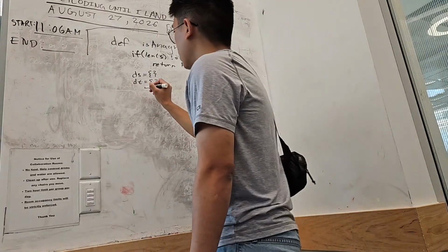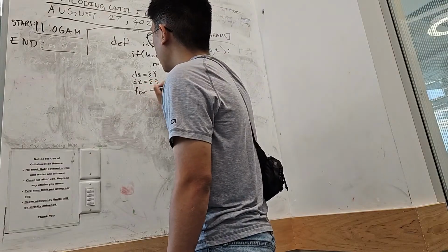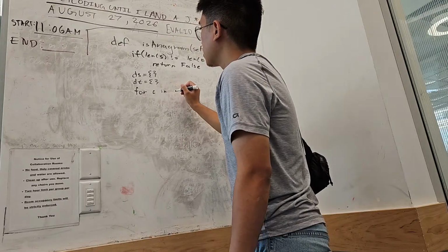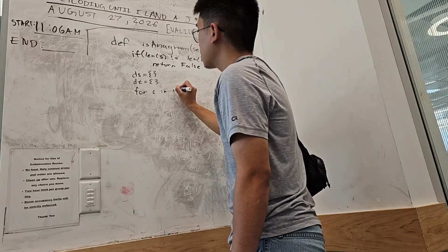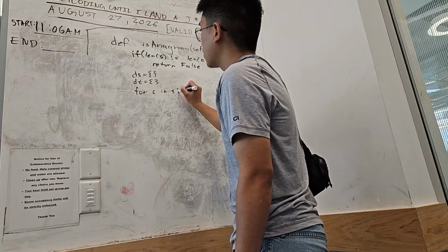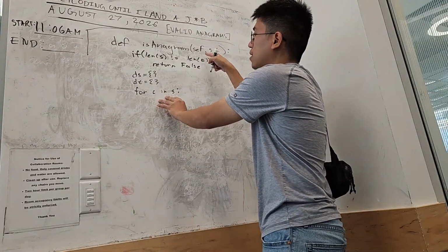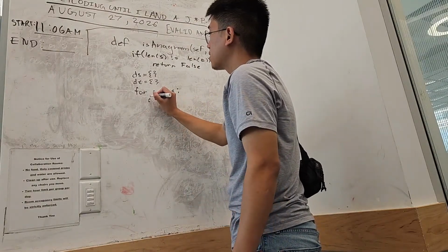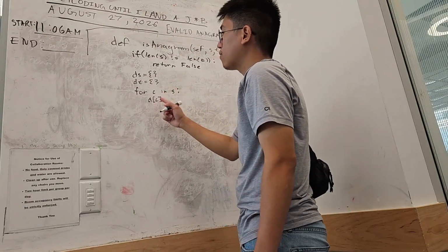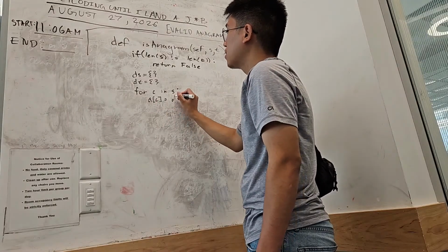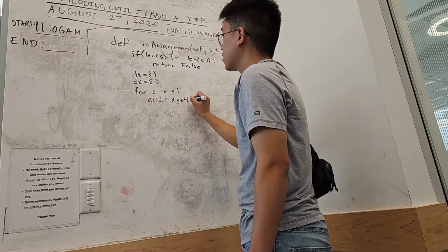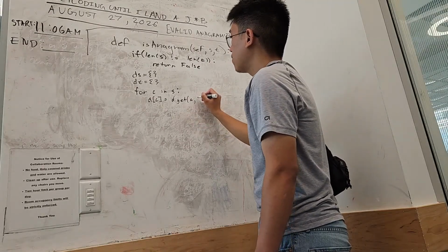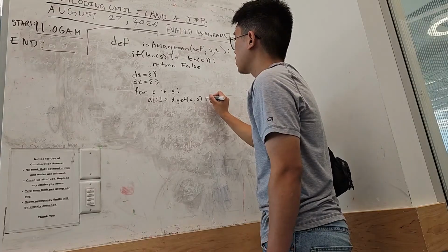Alright, so for character c in s, we're going to iterate through every character in s. We're going to say d of c equals d.get c, and our default value is going to be 0, plus 1.